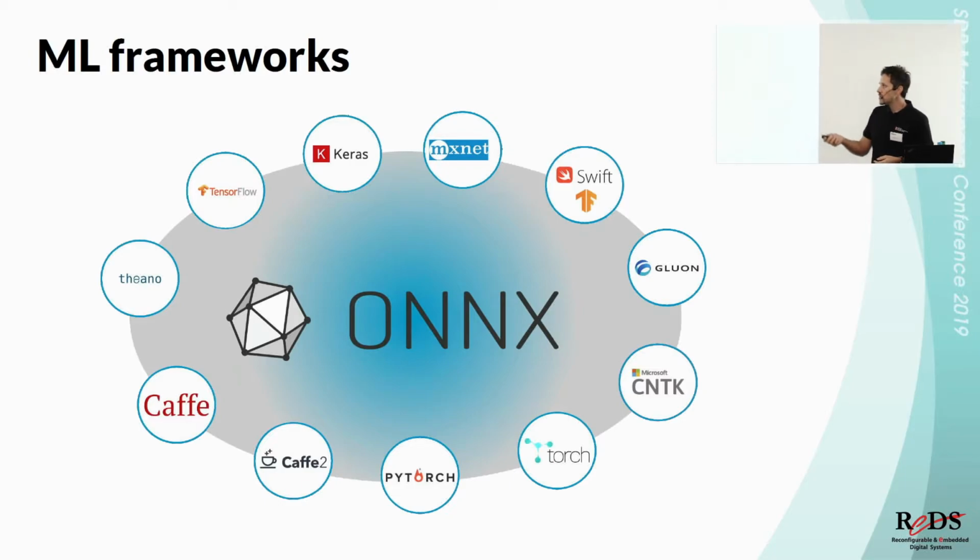In these frameworks, you design your model and you train your model, okay? And the output of these frameworks is normally something that is specific to the framework. And the second phase, the inference, the deployment on a system, is extremely different if you start from TensorFlow or from another environment.